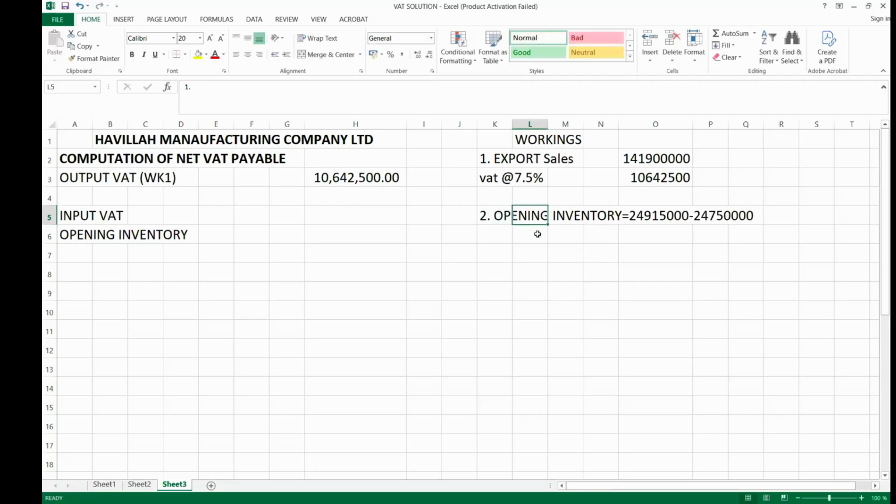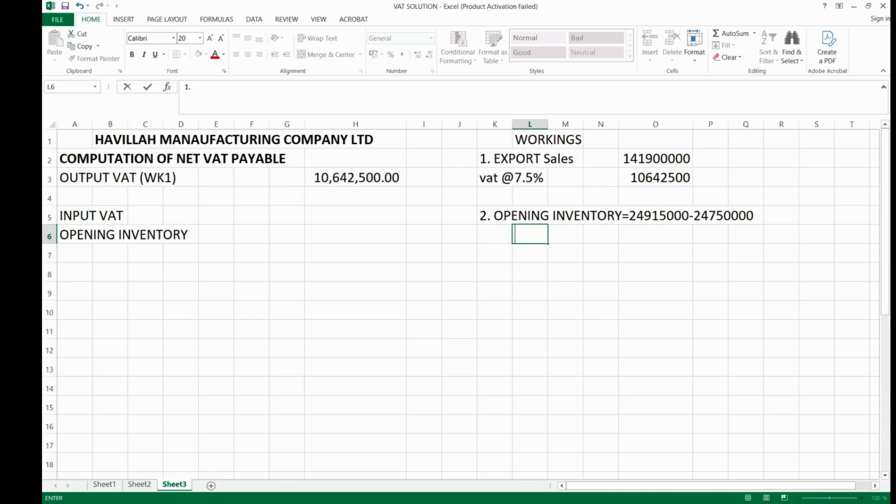If you look at that difference, how much do we have there? 24,915 minus 24,750 is 165. So that will give us 165.